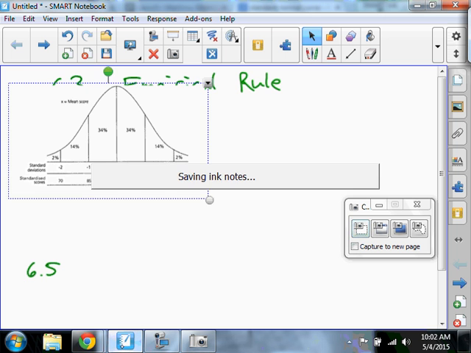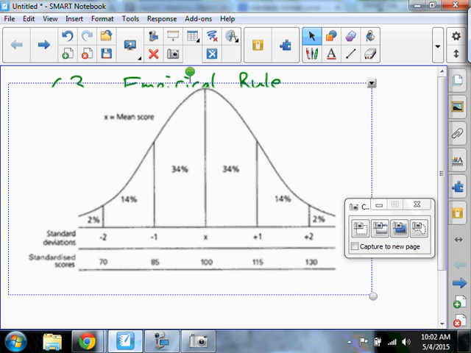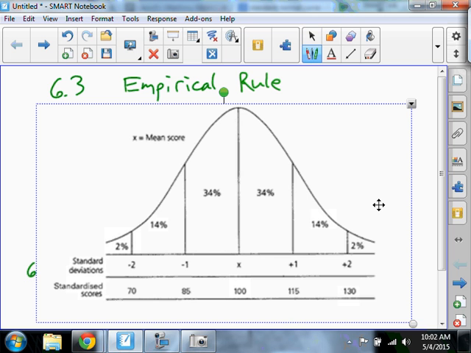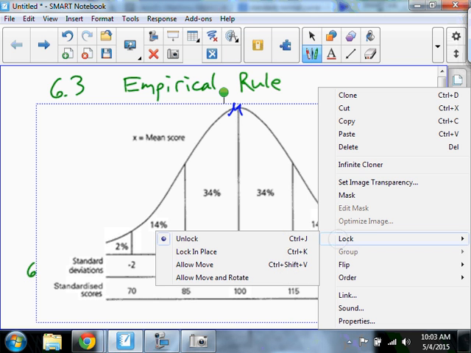So the standard normal curve, this one's actually got the percentages. I don't know how well those show up. But remember, the mean is right in the middle. The mean is in the middle of this thing.